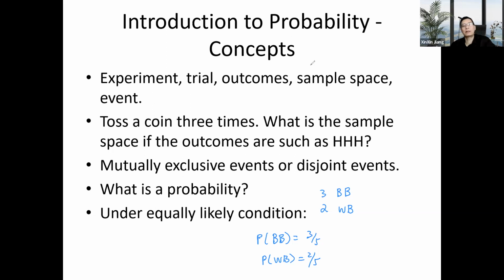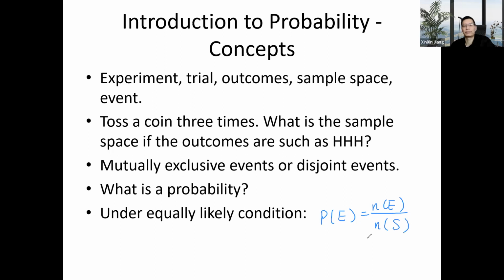Under this equally likely condition, the probability of an event equals the number of elements in the event divided by the number of elements in the sample space. So for this problem, what is the probability that you have exactly 2 heads? We just listed them, there are 4 of them, right? Hold on a second, 3 of them actually.